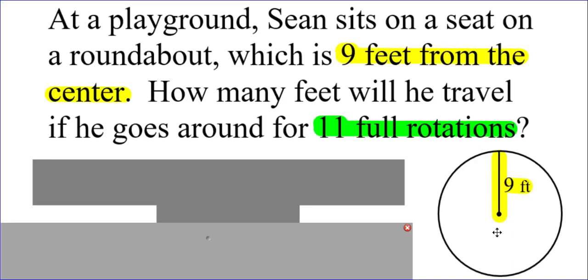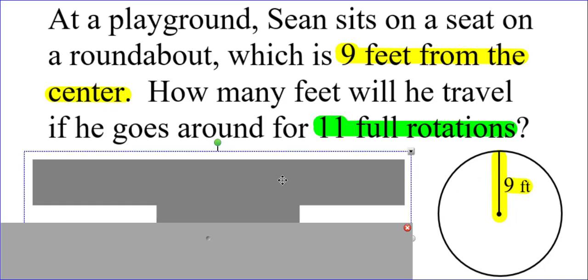Now, that roundabout is a circle. It's said that Sean is sitting 9 feet from the center. Think about this. The line segment that goes from the center to the edge where Sean sits is the radius. So drawing a quick little sketch and labeling the radius as 9 feet will help us to get started.